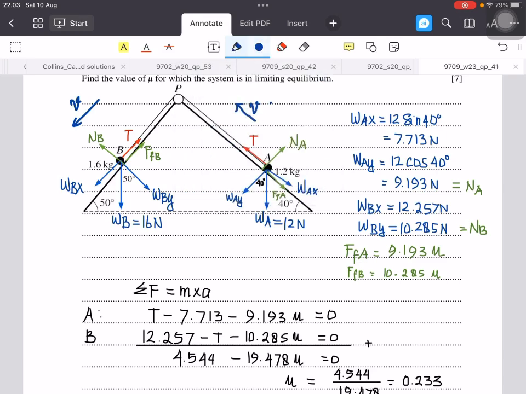So for particle A, the positive direction is up the plane, while for particle B, the positive direction is down the plane. That's why WBX is positive, while the tension is negative and the friction force is always negative. And the result is also equal to 0 because the system is in equilibrium.